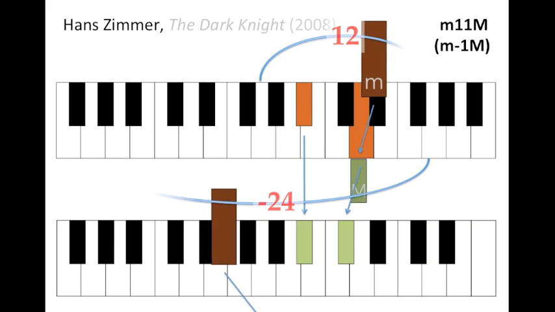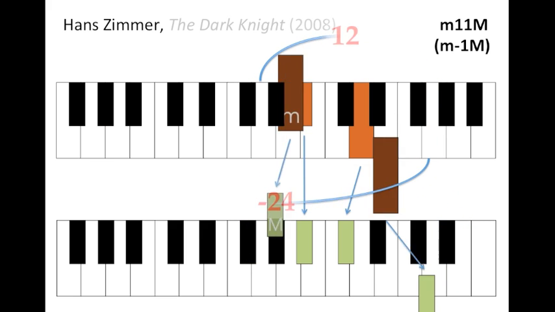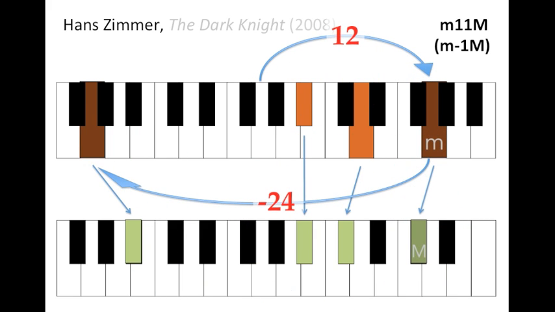In music, we call this invertible counterpoint, because if you think of the piano only as a straight game board and not as a circular game board, we're swapping the positions of 2 of the voices. So once again, it looks like that. Let's listen to what this sounds like.